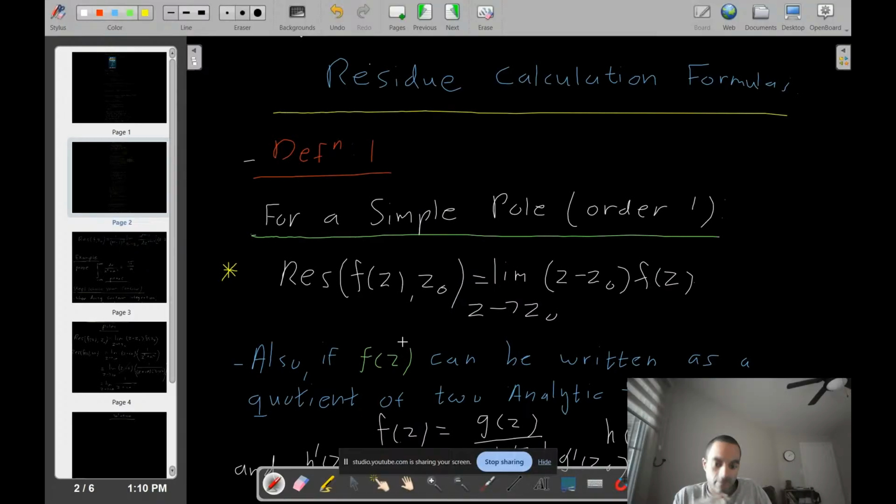So again, if f of z can be written as a quotient of two analytic functions, because you can have this case too, this condition is important. Make sure you understand everything in the definitions, not just the equation. You need to understand every word, every single thing. Otherwise, you don't understand the theory, and when you do a problem, it's going to be pointless.